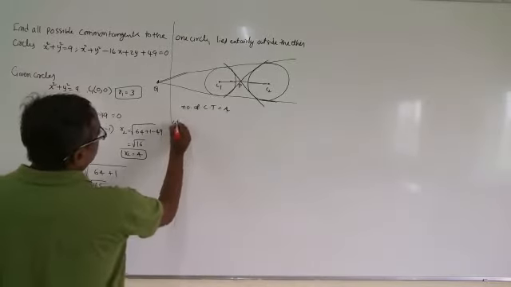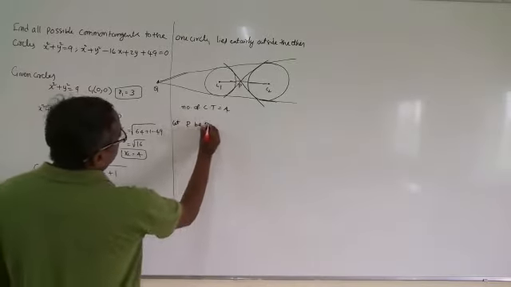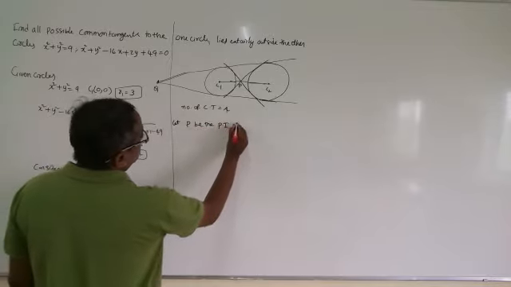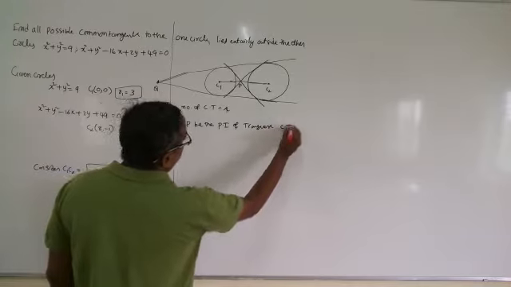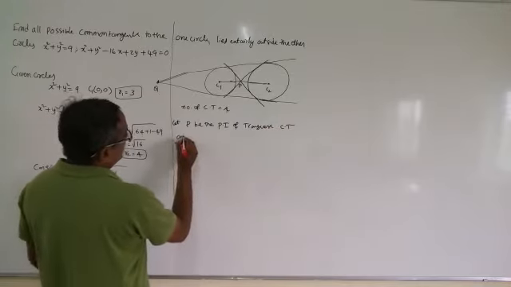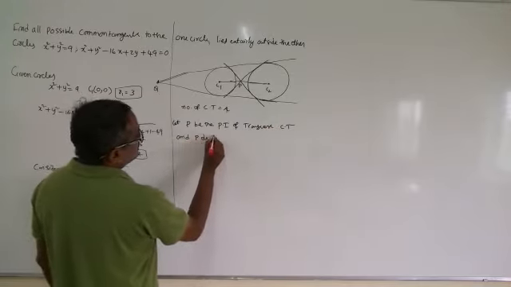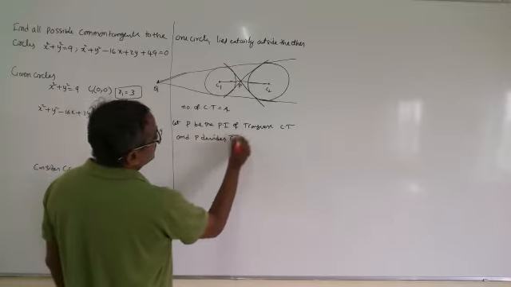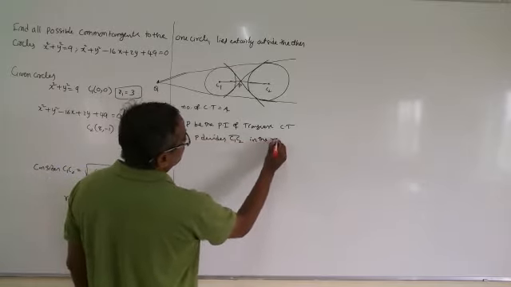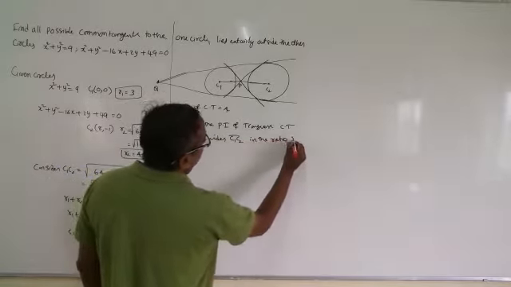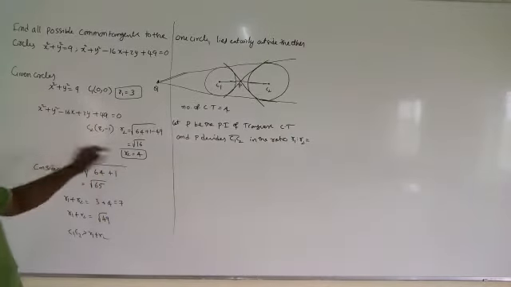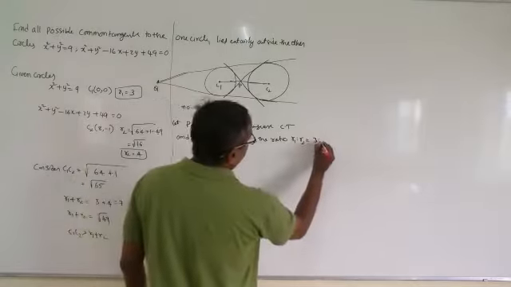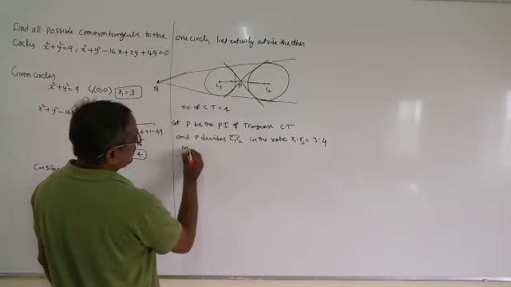So let P be the point of intersection of transverse common tangents, and P divides C1C2 in the ratio R1 is to R2, that is 3 is to 4, internally.